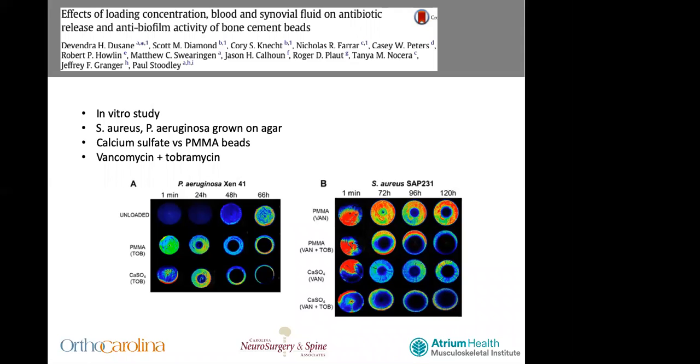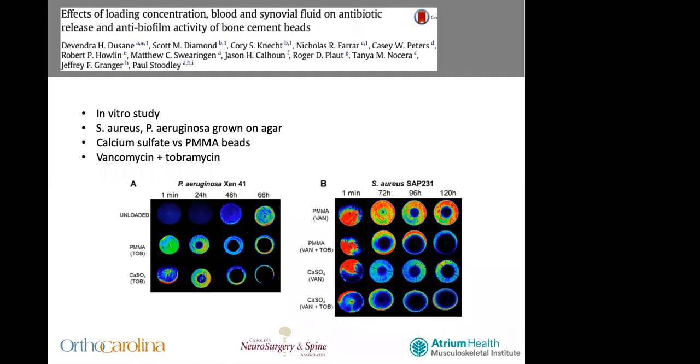And they put them in little discs in the center of the Petri dishes, as you can see here. So when impregnated, the calcium sulfate beads in the short-term release and efficacy was greatly enhanced compared to the PMMA.